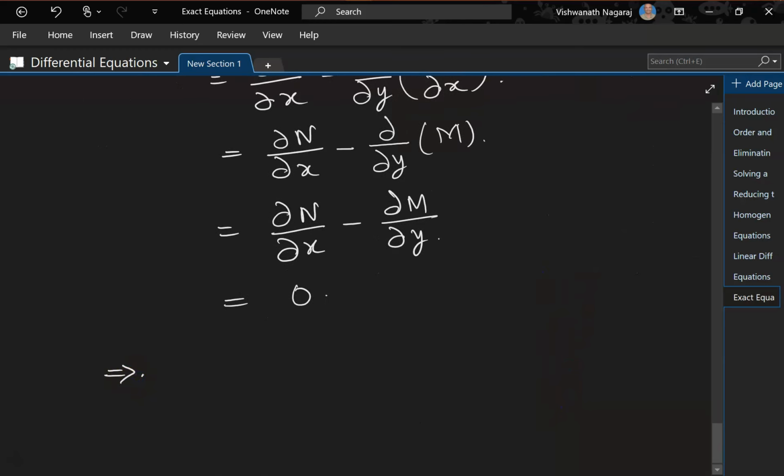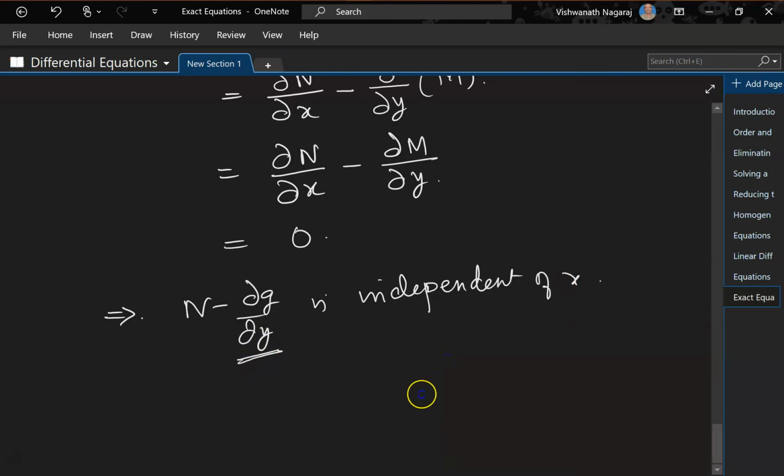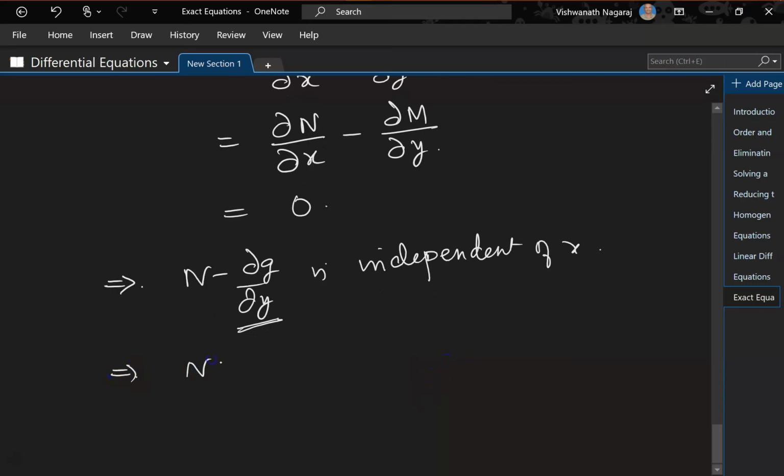So what all this means is that N minus ∂g/∂y is independent of x, because the moment you differentiate it with respect to y, x terms will disappear, which implies that N minus ∂g/∂y is a function of y alone.